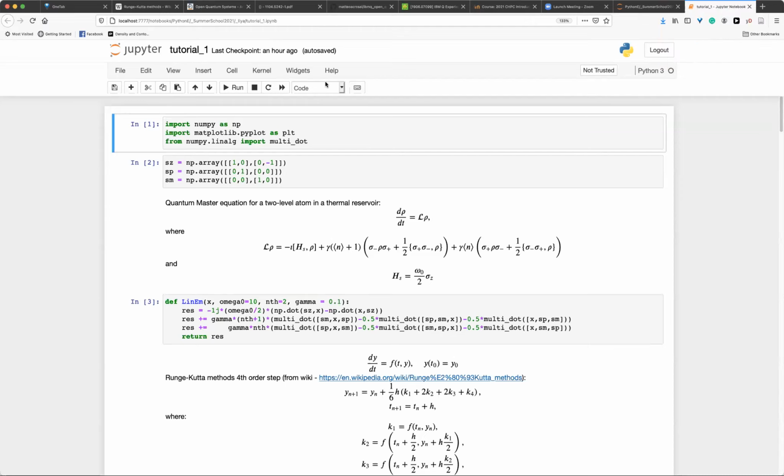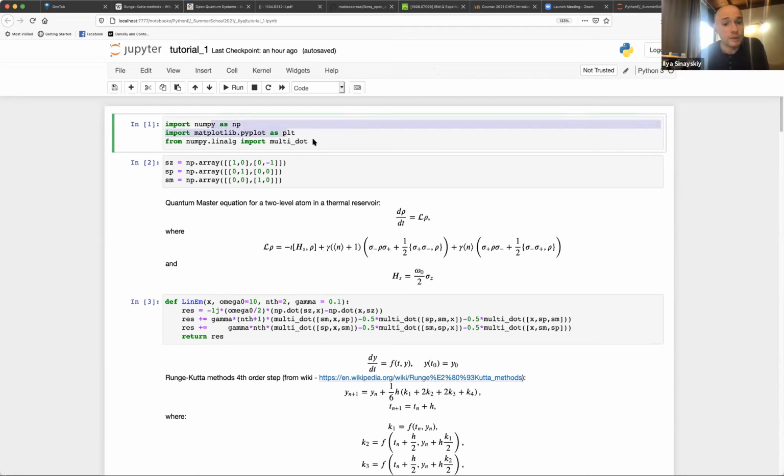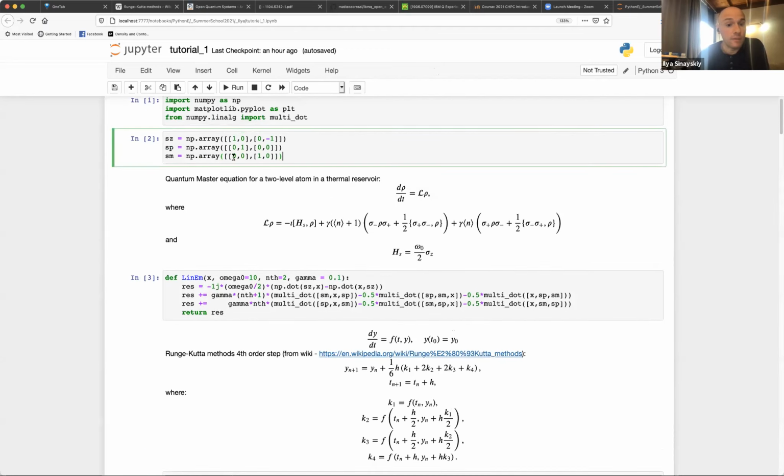Wonderful. Okay, so first of all, I'm starting by importing some standard libraries, which you have already seen during the last 2 weeks. So NumPy, matplotlib, and I define a couple of standard matrices. So we're going to need something called the sigma z matrix, which is just a diagonal matrix.